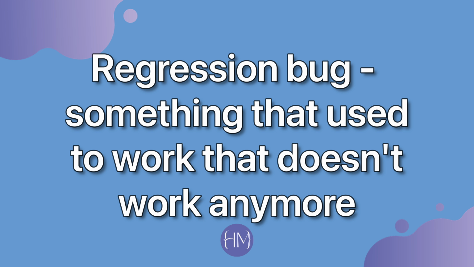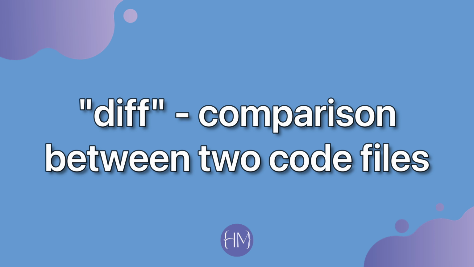All right, now let's talk about some strategies on how to fix these bugs. So let's start with the easiest one, in my opinion, the regression bug. That's the one that I think is the easiest one because it's worked before, so we can make it work again. And usually when I've encountered this bug, I go back to the last version where this bug was known to be working, and then I can compare it with the current version and do a diff between the code where it was working and the code as it is currently.